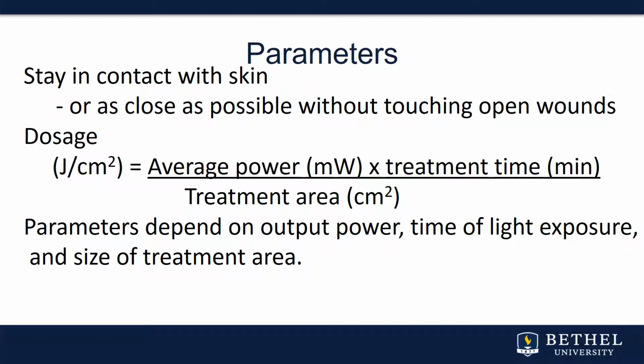It knows the power, so you'll put in a treatment area, or you look this up on a chart, and what you're looking for is the time. So the equation you'll be solving for is time. The parameter depends on output power, the time of light exposure, and the size of the treatment area. Again, when we use these in lab, you'll see that it's actually quite easy because most of the calculation is done for you.